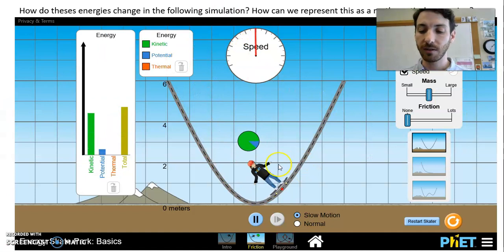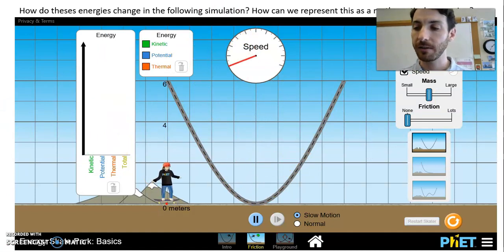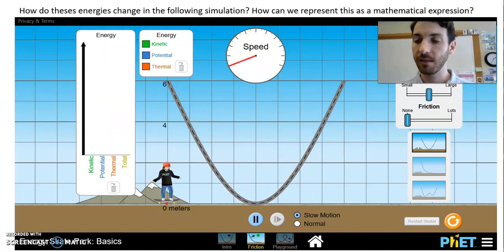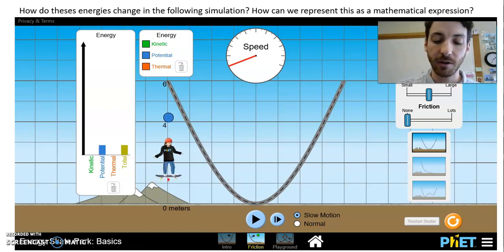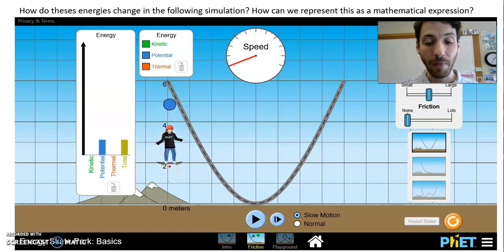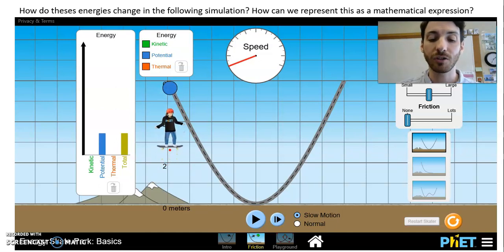So let's just stop this skater for a second, and let's try to think about these two questions. How do these energies change in the following simulation, and how can we represent this as a mathematical expression? So I'll pause this. Notice as the skater gets lifted higher, the potential energy increases.